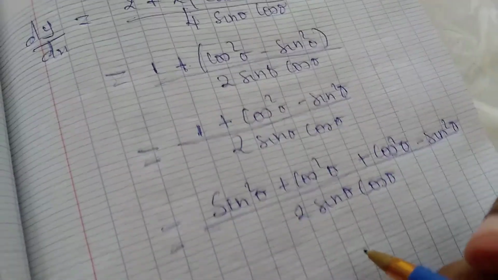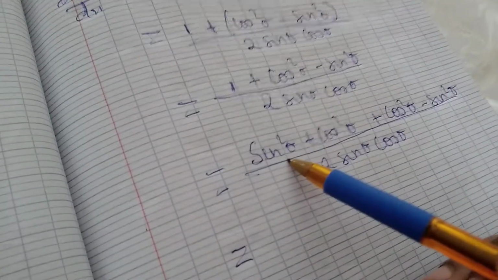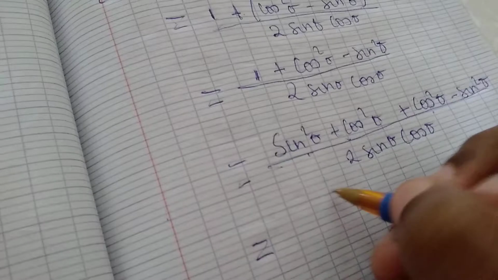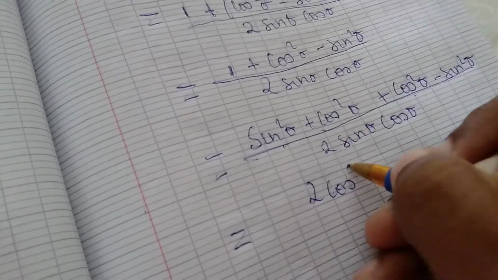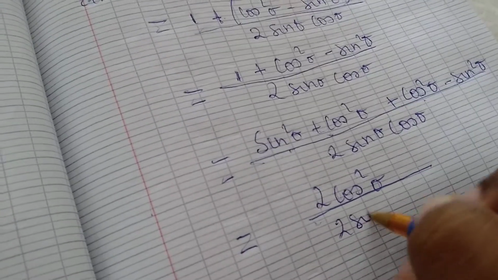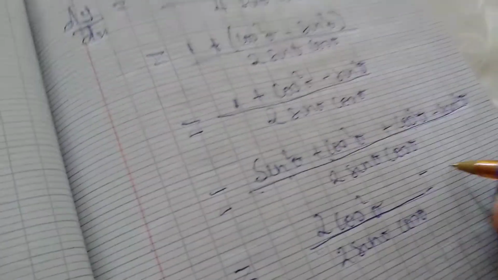So what do I get? Sine squared minus sine squared is gone. So I have cos squared plus cos squared, so I have 2 cos squared theta all over 2 sine theta cos theta. So I'm cancelling 2 and cos.